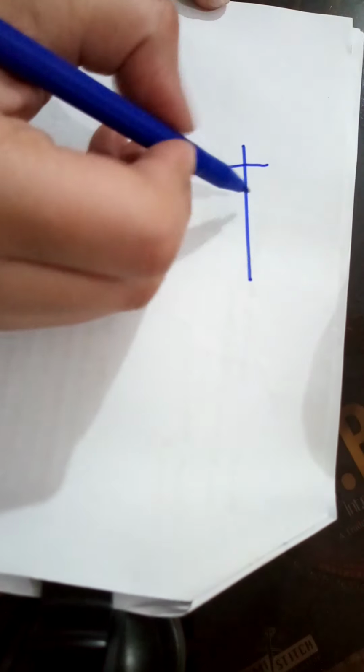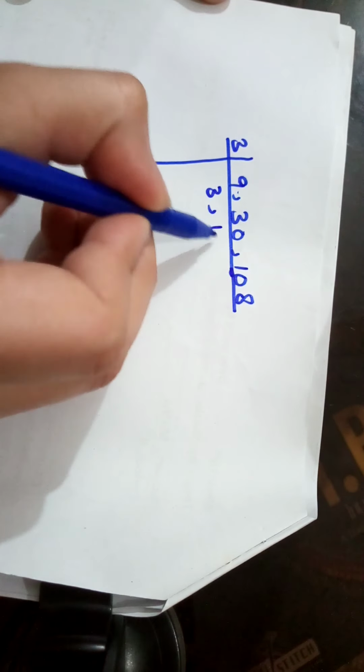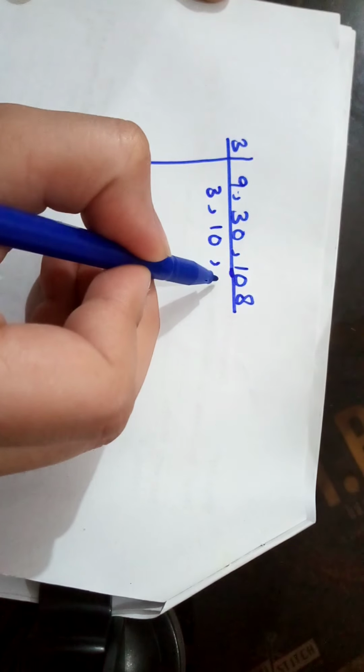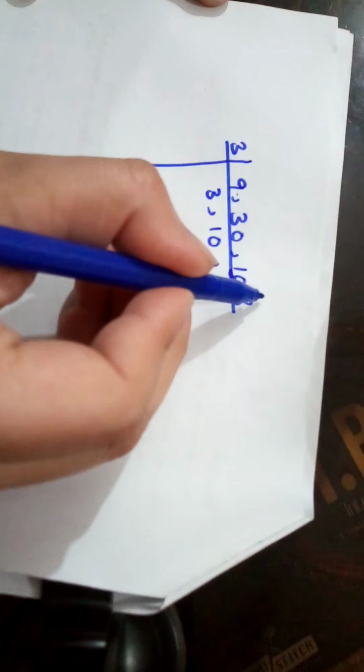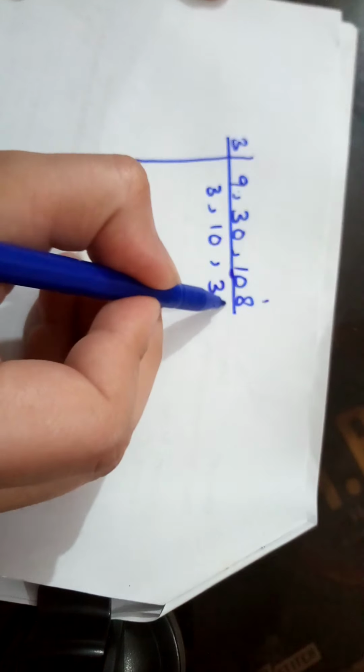Now I will solve this question with the table method. We have the numbers 9, 30 and 108. 3 3s are 9, 3 10s are 30, 3 36s are 108.